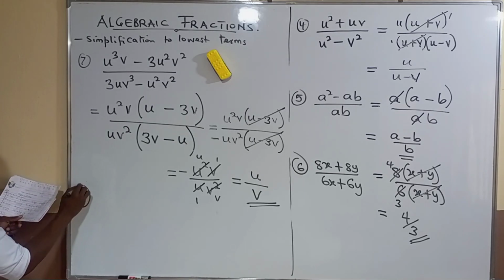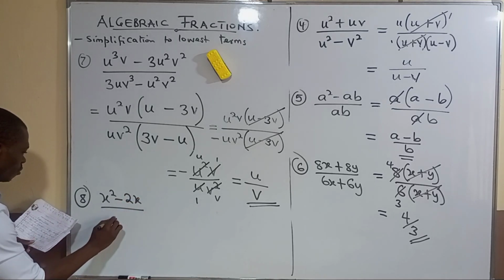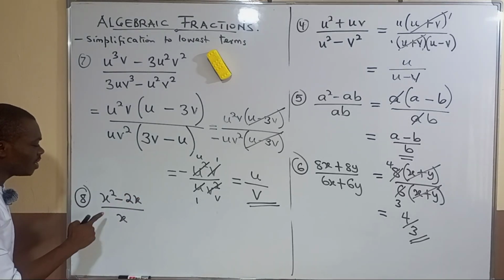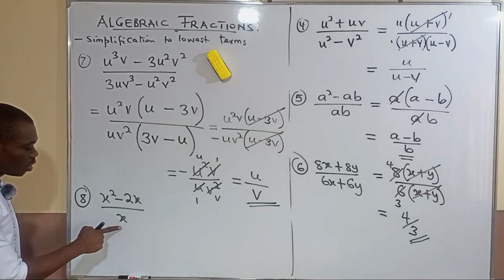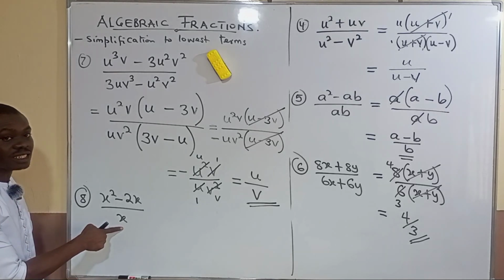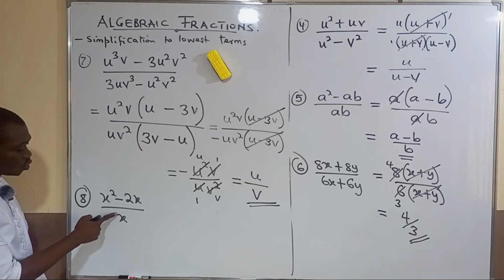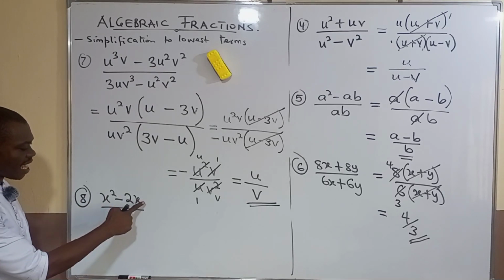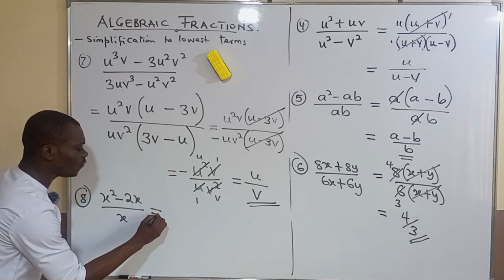Number 8. So suppose you have x squared minus 2x all over x. Now, when you are given this kind of algebraic fraction to handle, you are looking at your denominator in this case. But watch what I'm saying. I have x here in the denominator. So I will look for if there is x as a common factor in the numerator. Why am I looking for x?